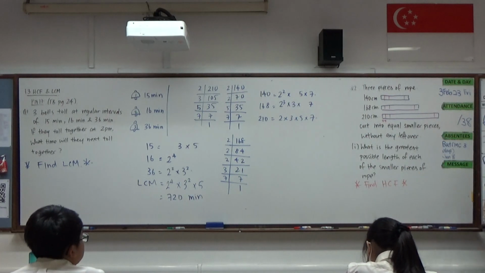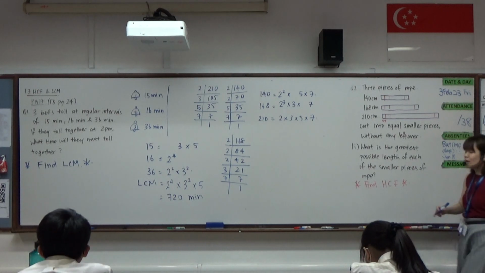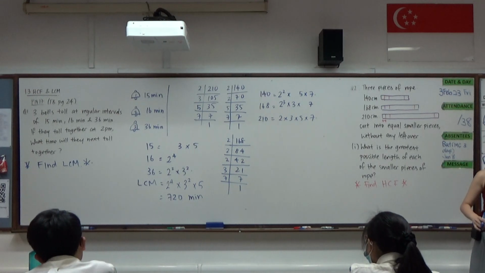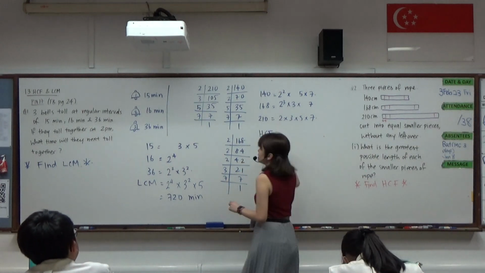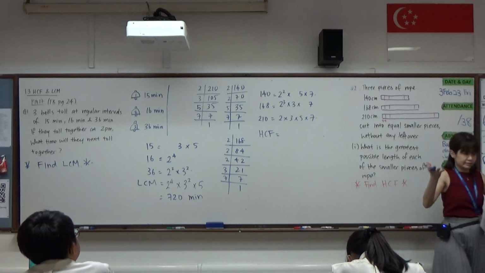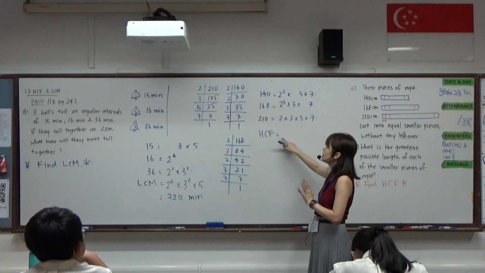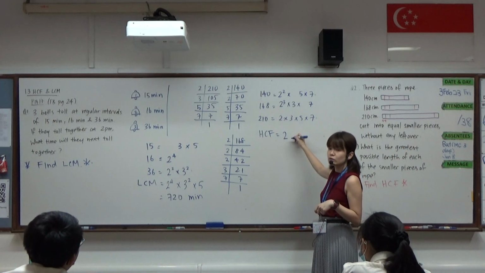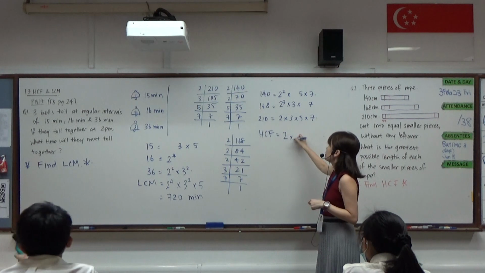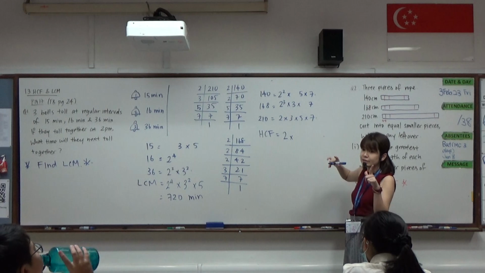We will have this for our numbers. What will our highest common factor be? What is our highest common factor? 2. How many 2s? Just 1. What's next? 7.